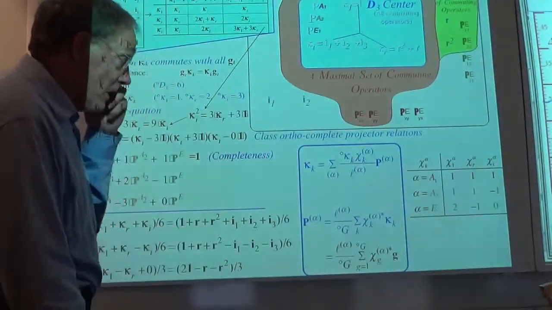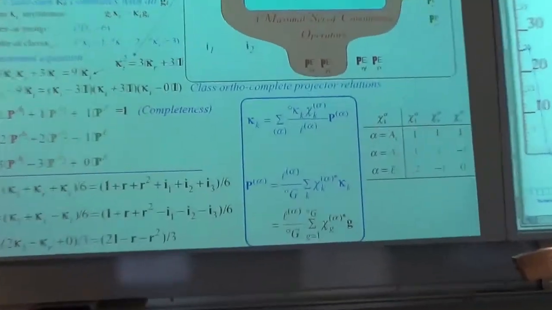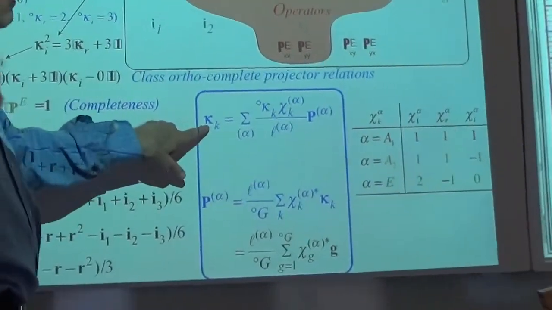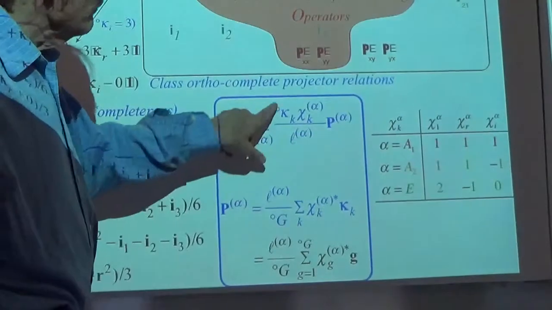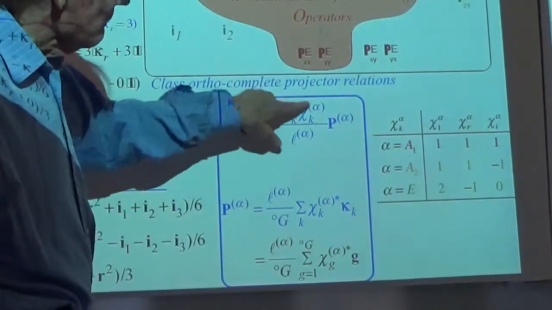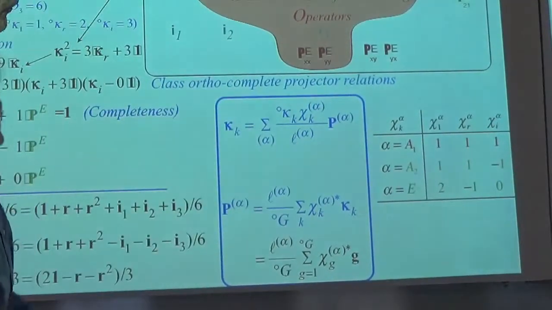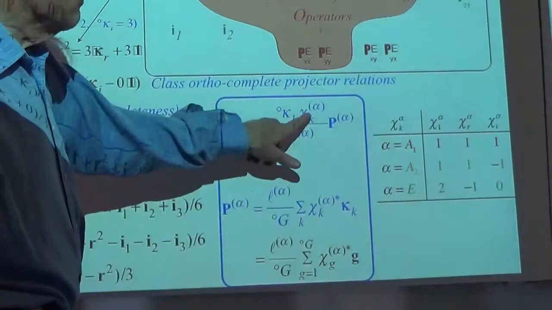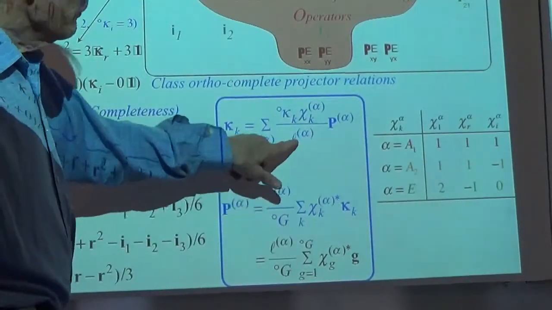So this expression of the kappas, the class sums, in terms of the projection operators, these are the formulas for the eigenvalues in terms of the numbers that we're going to be working with. Character, order of class, dimension.